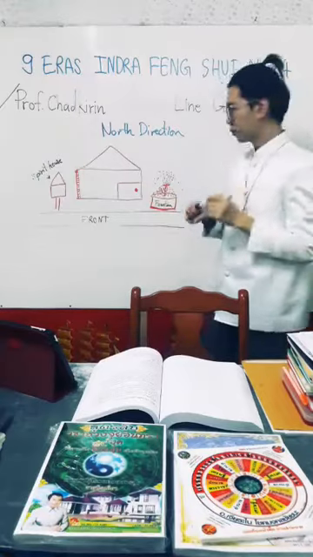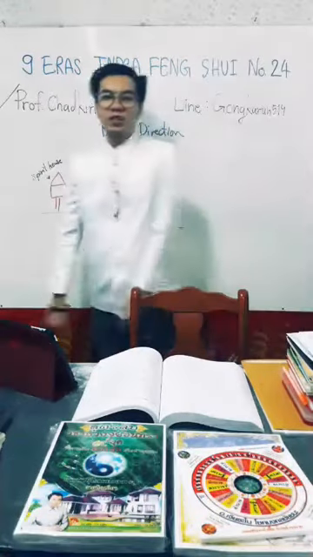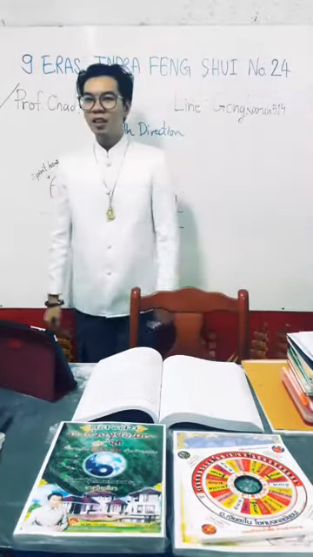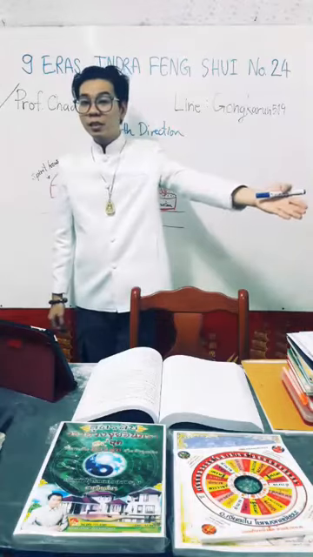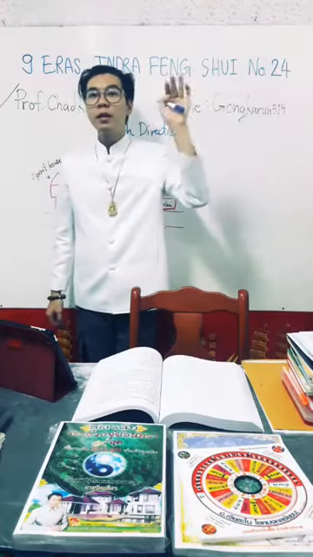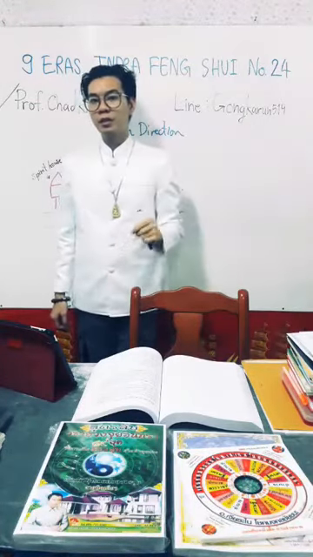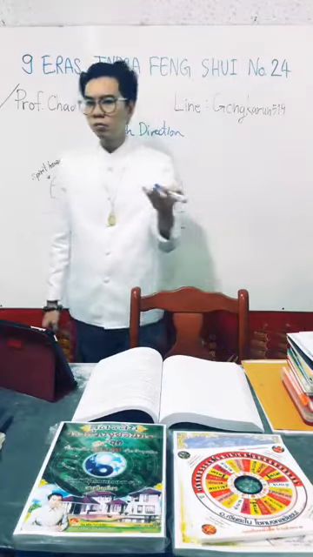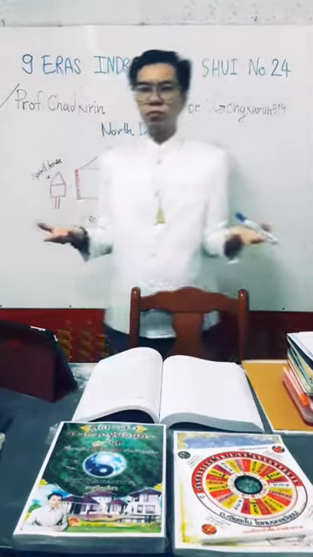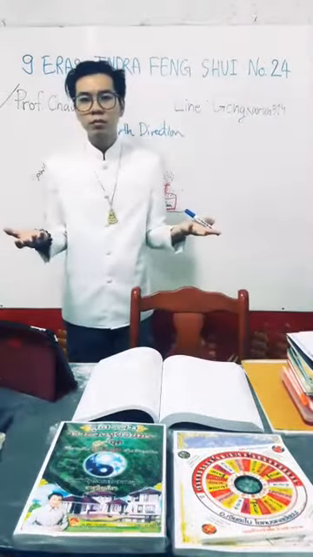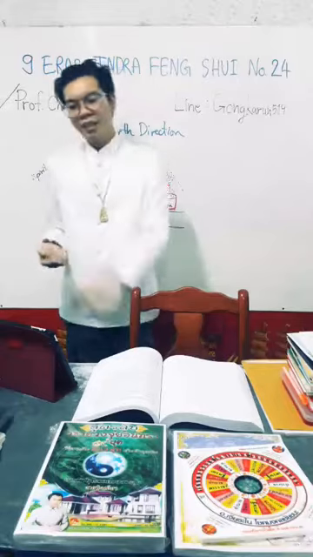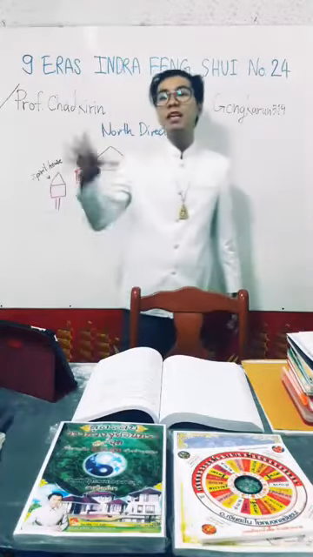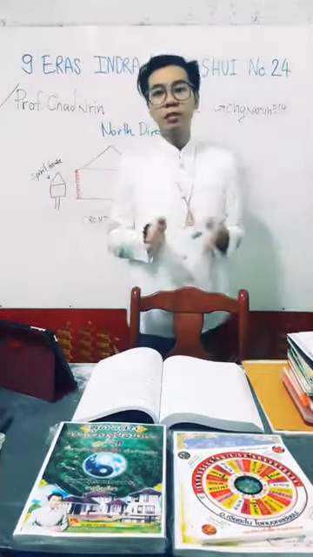direction. If the back is the north direction, on the left hand side is the southeast direction. For the southeast direction, which element is it? Surely it's a wood element.